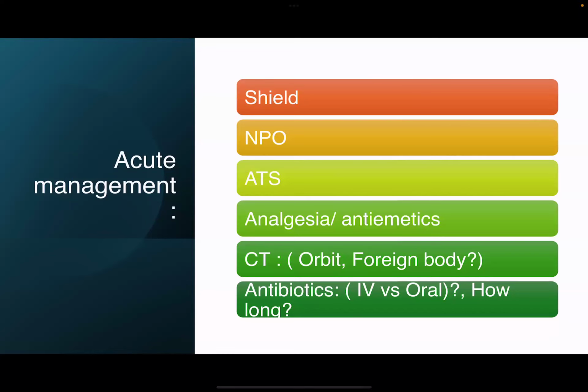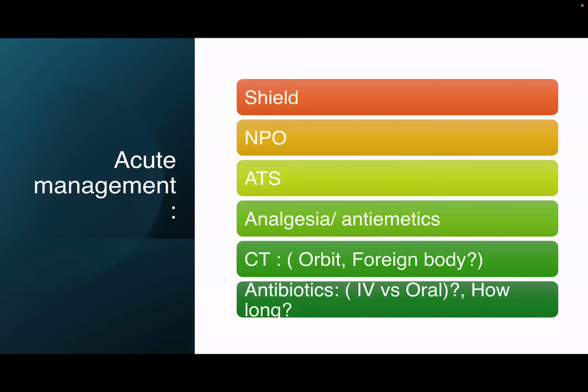What's the acute management that should be done in the ED? A shield should be applied, and nothing per oral because the patient is going to have general anesthesia. For us, ATS is given routinely in the ED. We don't even ask about it because the ED physicians are doing this, but we have to ask.